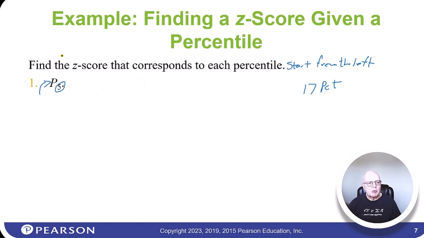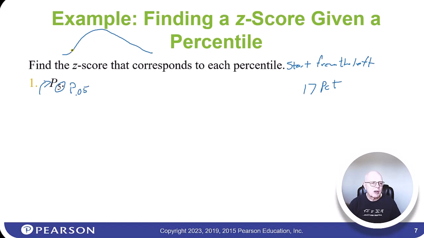What am I going to do? Well, I'm going to draw a picture. Remember, it always starts from the left, unless we're using a CE, of course. So this represents 5%, which represents 0.05 as a decimal.